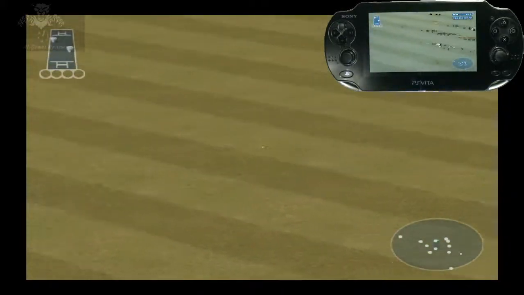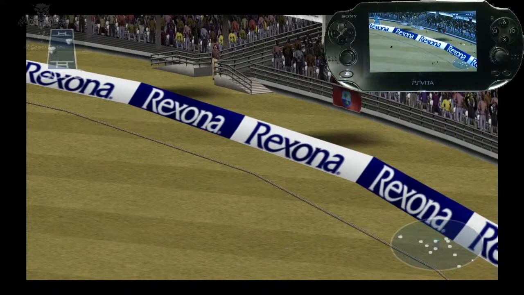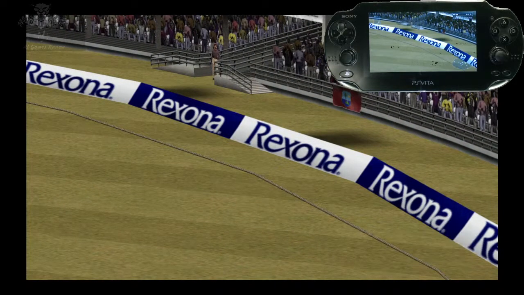That's over the infield and racing away for four. Super shot by Gale. He hit that over the field superbly.